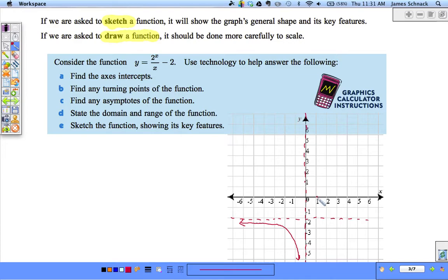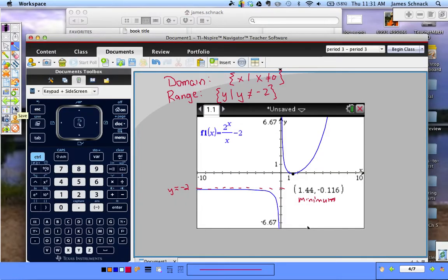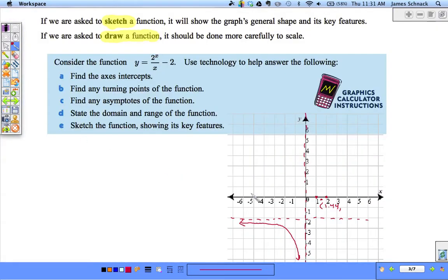Now this other side, we had intercepts here and here. We had a minimum of 1.44, comma, I forget, -0.116. And you should always label those points.